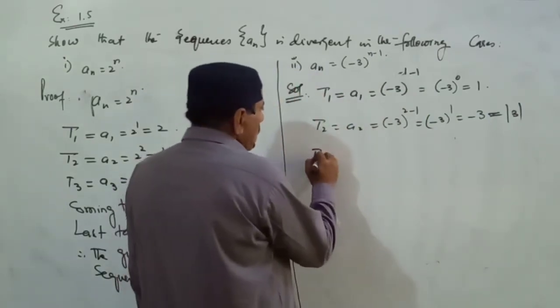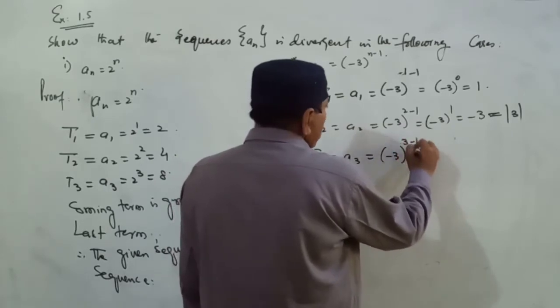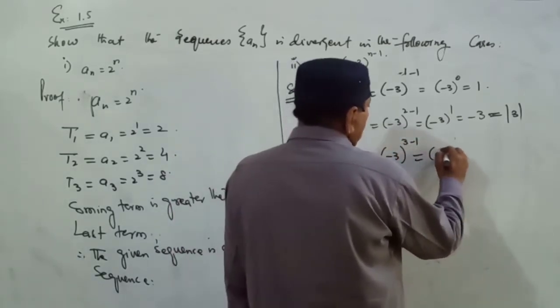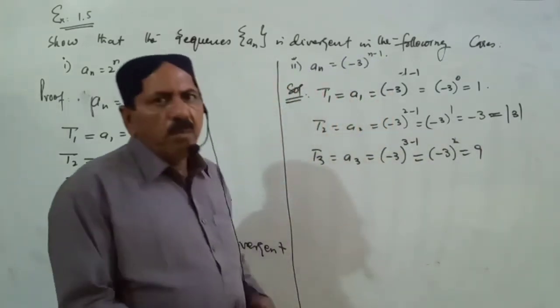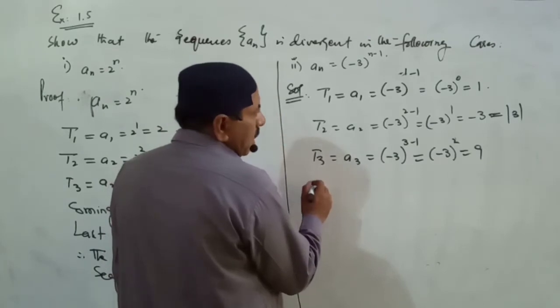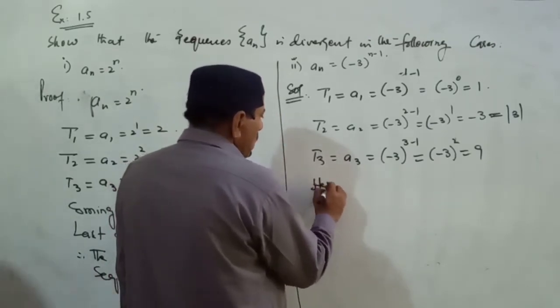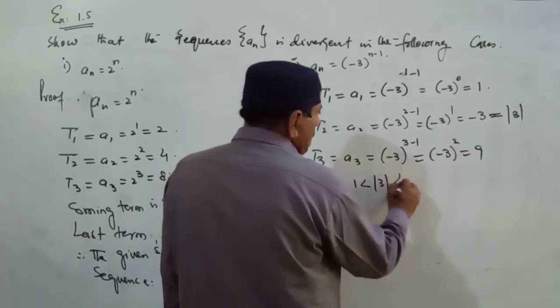Term 3 is a3 is equal to minus 3 power 3 minus 1, which is minus 3 whole square, is equal to 9. So after the comparison, it can be decided that here 1 is less than mod 3 is less than 9.